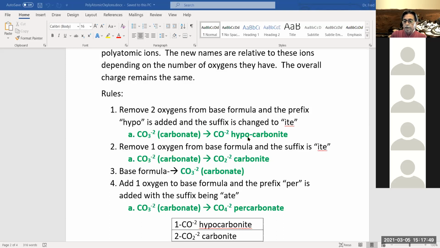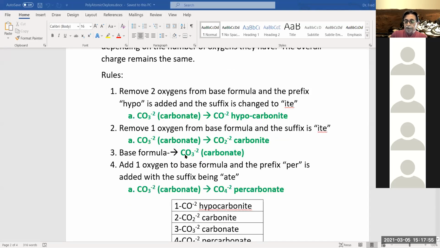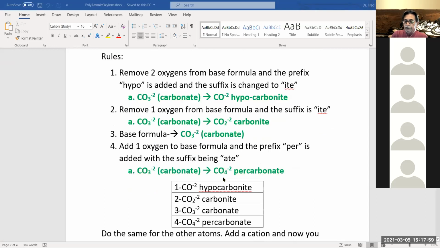So that name now goes to, we add that prefix, hypocarbonite. So from the base formula, it's also feasible to add oxygen, to go to CO4 -2, and so that name becomes percarbonate.